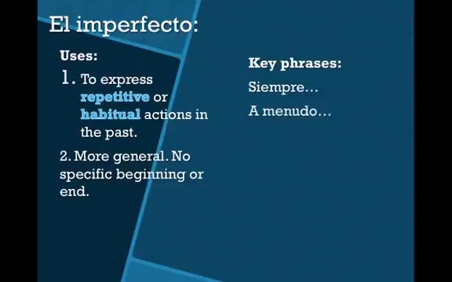A menudo means kind of every so often or frequently. Again, that's repetitive, habitual. It's not a specific point in time. De vez en cuando means every once in a while or sometime, every so often. Again, repetitive, habitual.